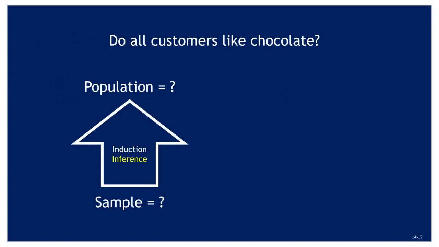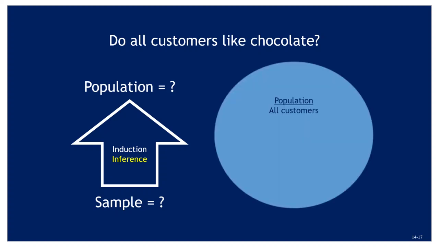So these are some of the questions that we can ask, right? Do all customers like chocolate? How many of them like chocolate? This is a question about the population. We'll probably never know because we'll never be able to access all of our customers. However, I can take a sample of our customers.